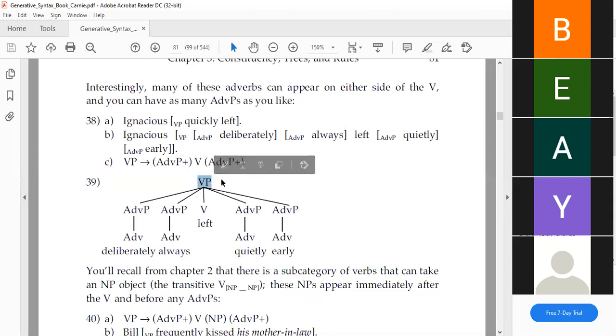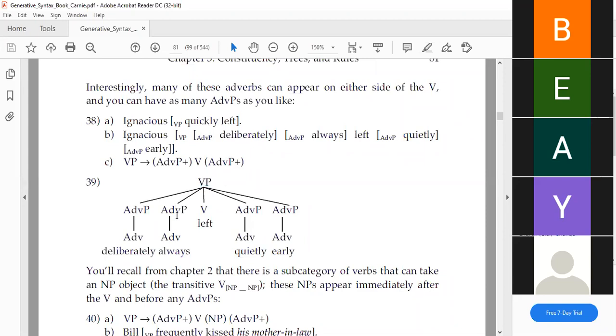The VP has 5 daughters: adp, adp, V, adp, adp, and here you see the verb. All of them modify the verb, so all of them must be attached within the VP.